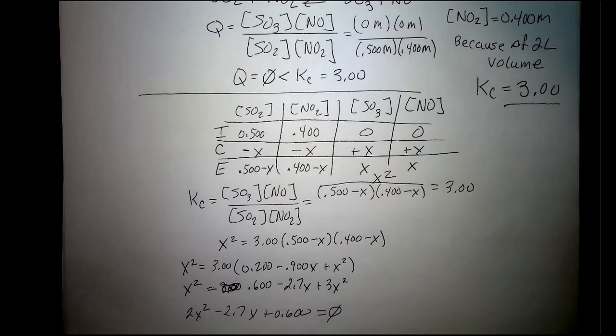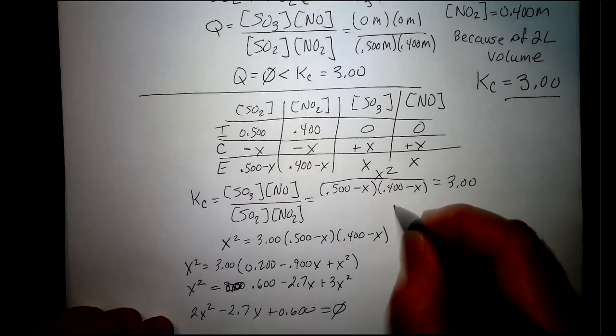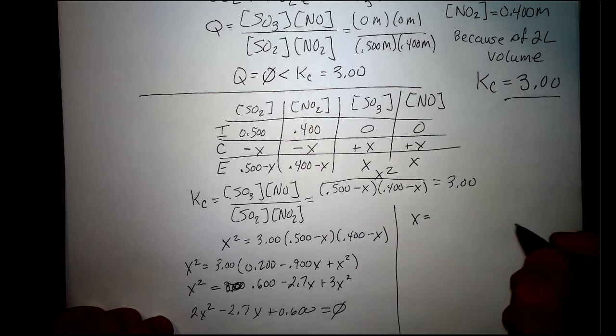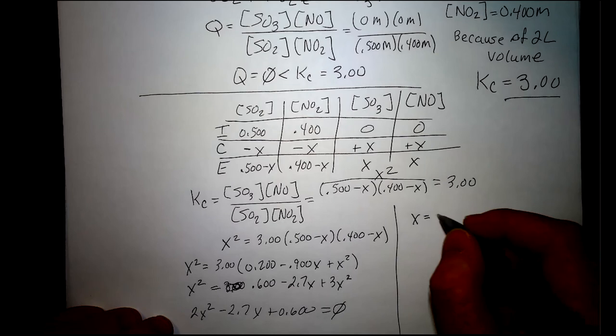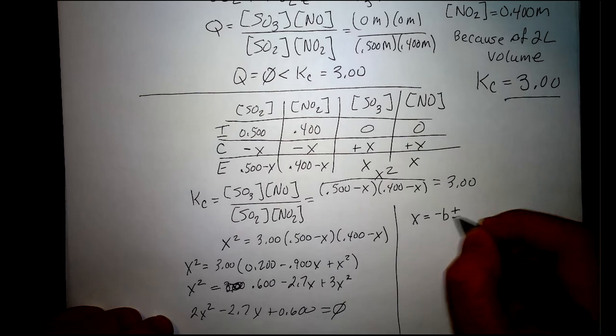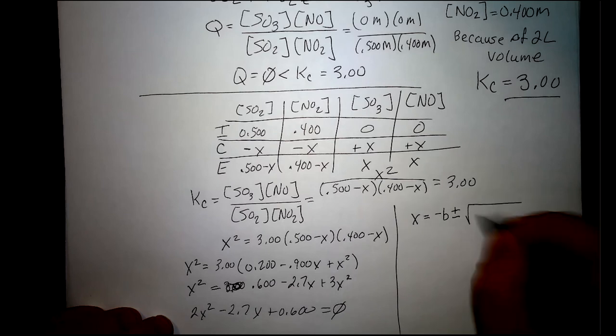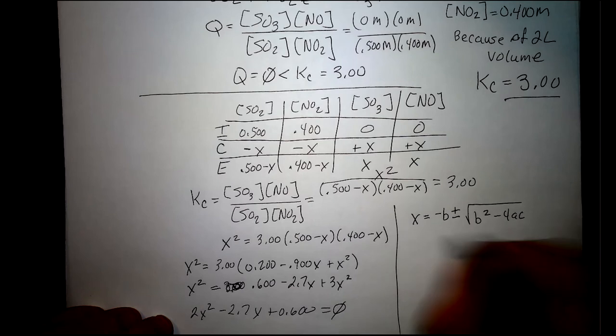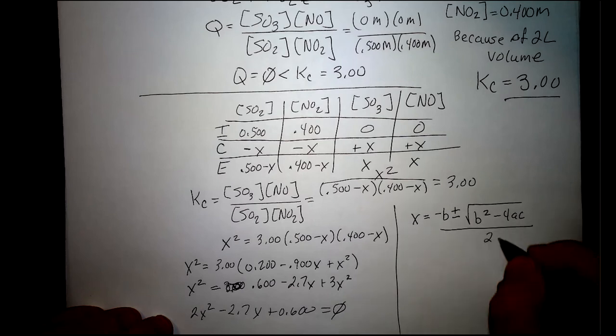Now I've got a quadratic equation, just moving everything over. That may not easily factor, so we have to use our handy dandy friend, the quadratic formula. So x is equal to negative b plus or minus the square root of b squared minus 4ac, divided by 2a.